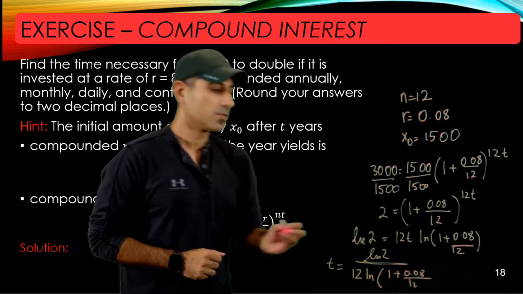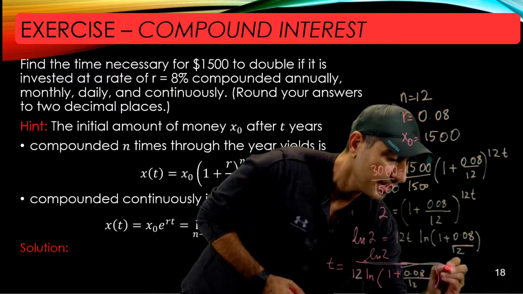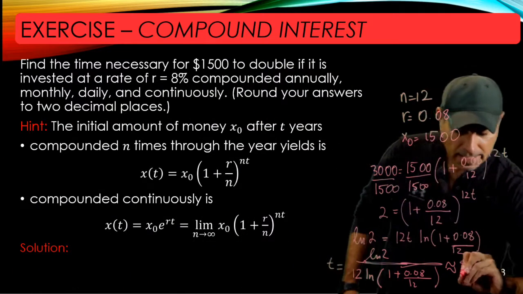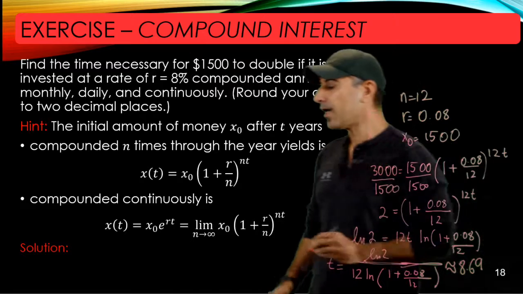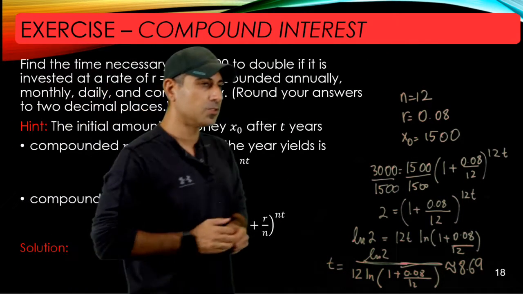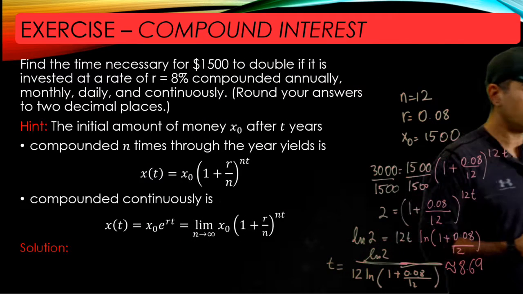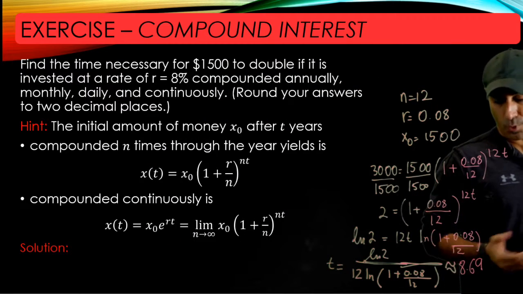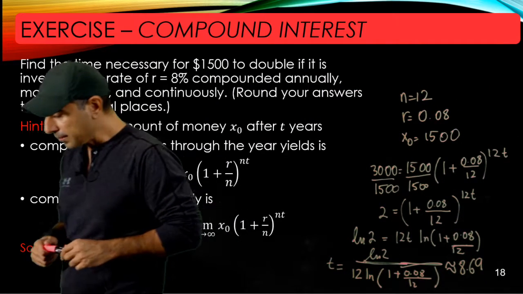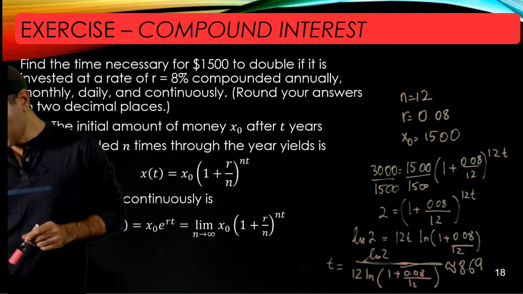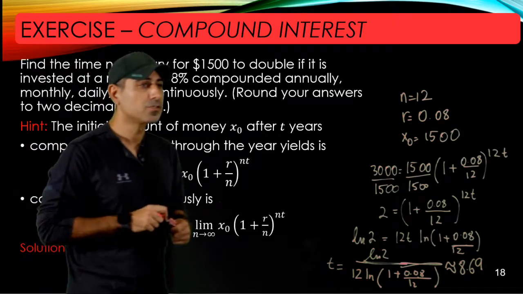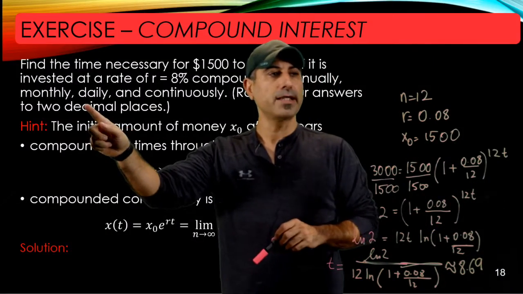If you use your TI-84, this is equal to 8.69 years, which is a slightly better number because you reach $3,000 in 8.69 years, which is earlier than the one compounded annually. That was in fact around 9 years.